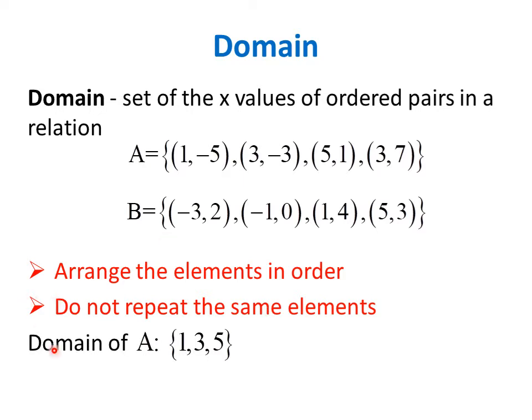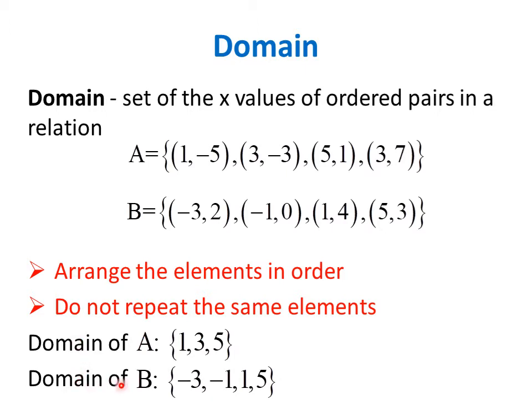For example, the domain of the relation A consists of the numbers 1, 3, 5, and 3. So those are the x values. But we need not repeat the same elements. Therefore, we only have 1, 3, and 5. So the domain of A is the set of the numbers 1, 3, and 5.